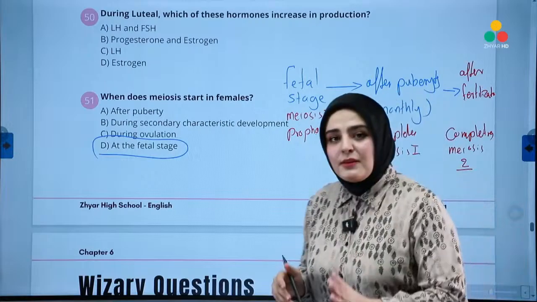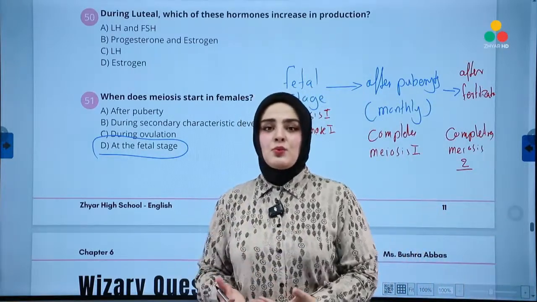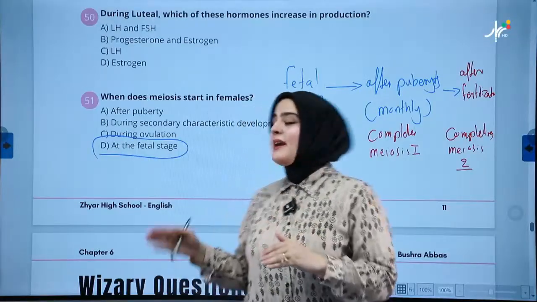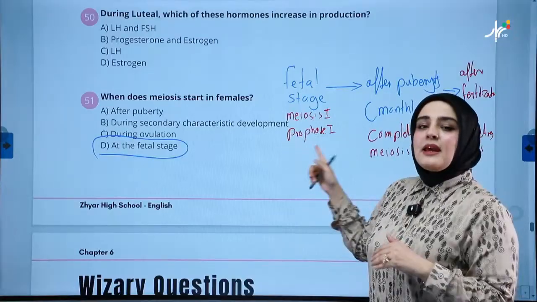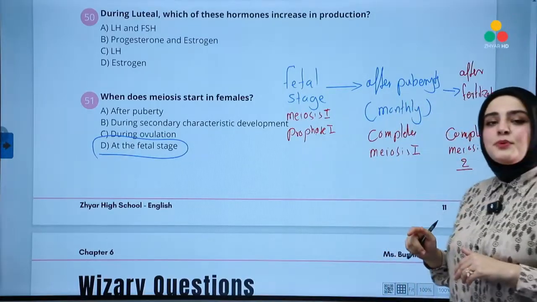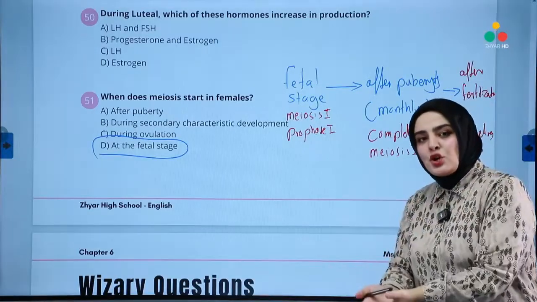Remember, female gametes, all of the eggs, are ready while you're still in your mom's womb, okay? And then these are stopped at prophase 1 of meiosis 1. It completes meiosis 1 only if it hits puberty and it's time of the month to get mature.